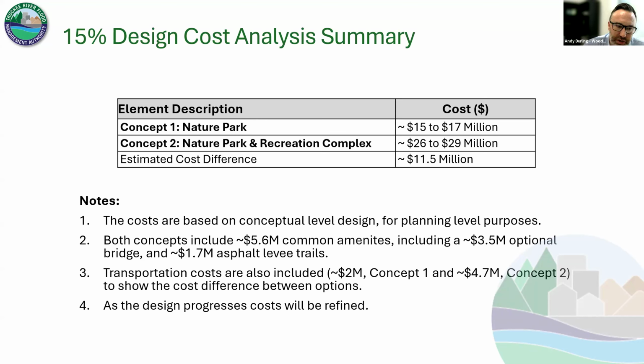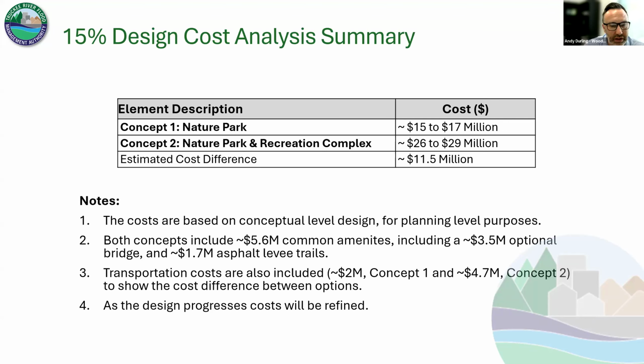Both of these concepts include some common amenities, such as the common trails. Included in both of them is a $3.5 million assumption for a potential optional bridge across the Truckee River, as well as those asphalt trails, the Tahoe Pyramid bike path, for example. Transportation costs, so the on-site circulation and parking, are also included in these costs: somewhere around $2 million for the first concept, and a little bit more than double that in the second concept.